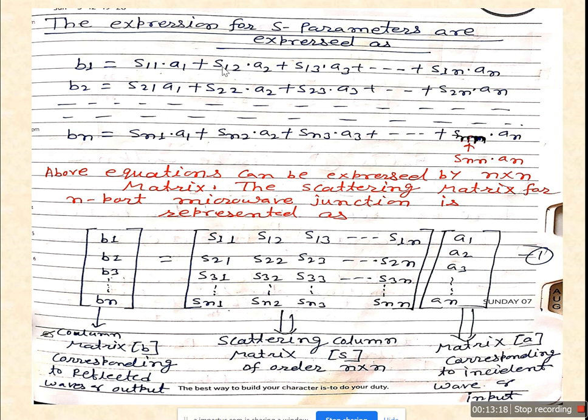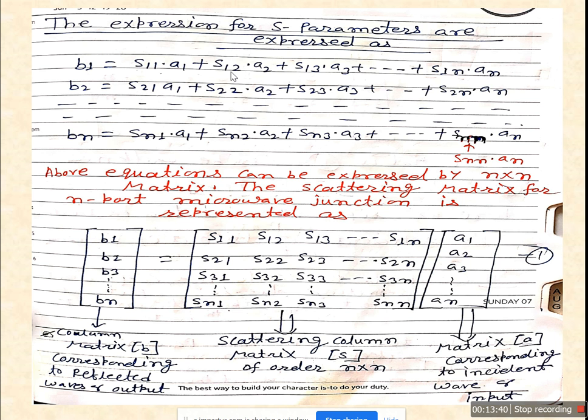Here you can see S12. What is the meaning of S12? The input is at port 2 and the output is at port 1. S12 means power supplied at port 2, and you measure the reflection coefficient at port 1.